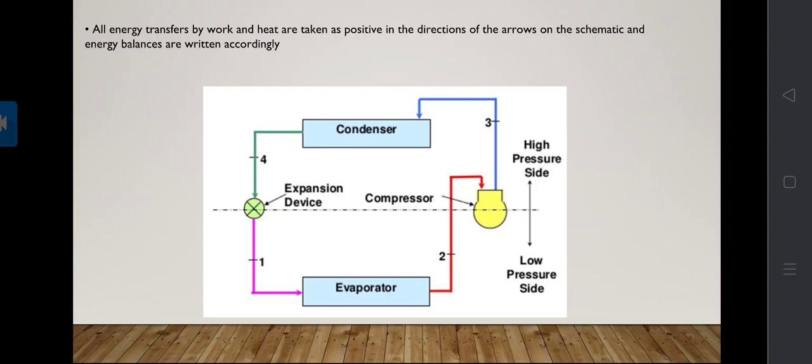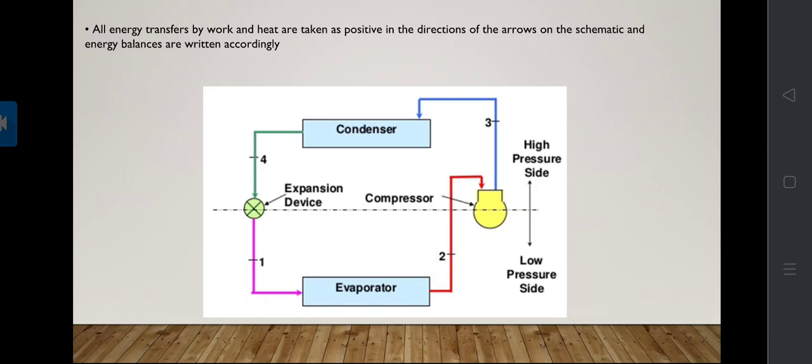Next is 4 to 1, where the expansion device is placed. After expansion the liquid refrigerant is stored in a liquid reservoir, and the liquid from the reservoir is passed to the evaporator through the expansion valve. This expansion valve reduces the pressure by keeping enthalpy constant, and the process taking place is a throttling process.